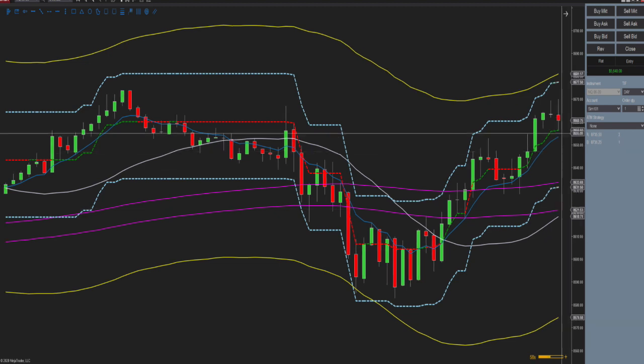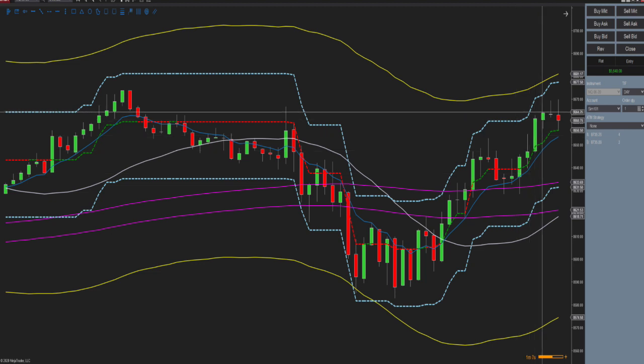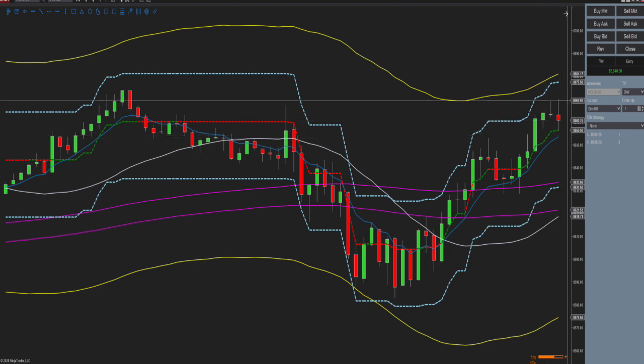And there's that pullback. So if I were in the trade over here, there's no reason for me to go through this, and if they go up, I would rather get in a trade on 8, come out here, get in a trade on 8, and continue long, if it's continuing long.